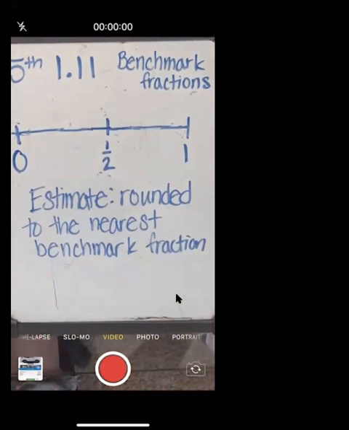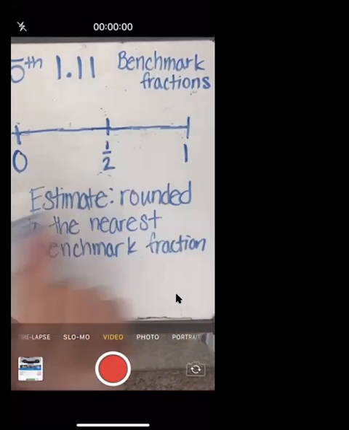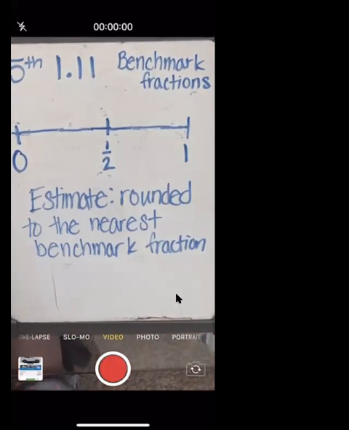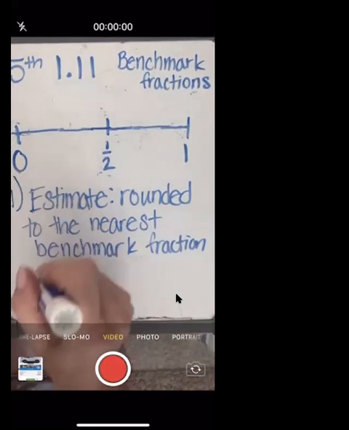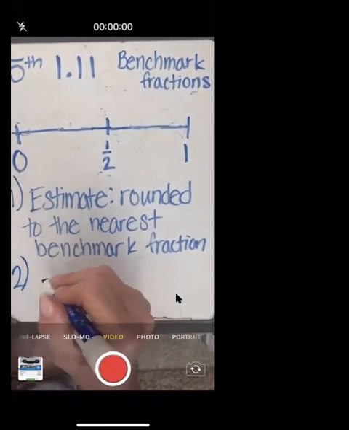Or just have this at the top of your page and look up at it and say, where do I think that would fall in? Everyone is going to have two parts: an estimate and then an actual.